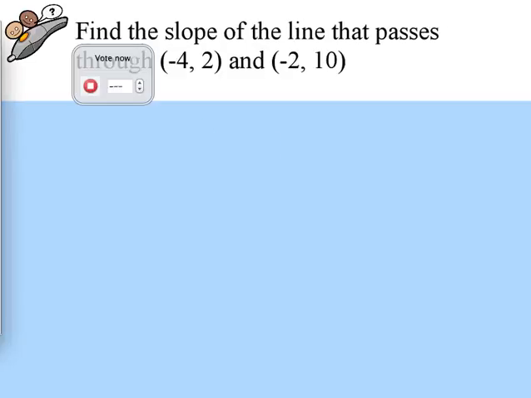Let's do another one. Find the slope of the line that passes through (-4, 2) and (-2, 10).